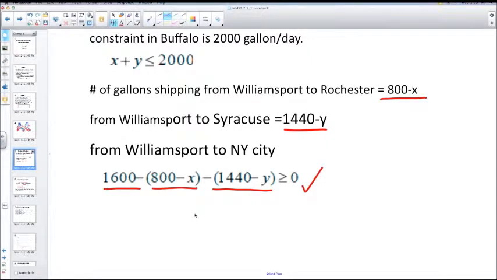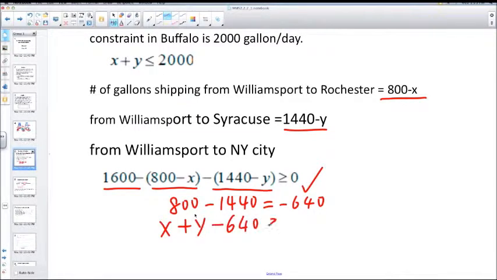If you subtract, 16 minus 800 minus 440, that equals negative 640. And when you reduce, this is x plus y minus 640 greater than 0. And that one, you got a lower limit.